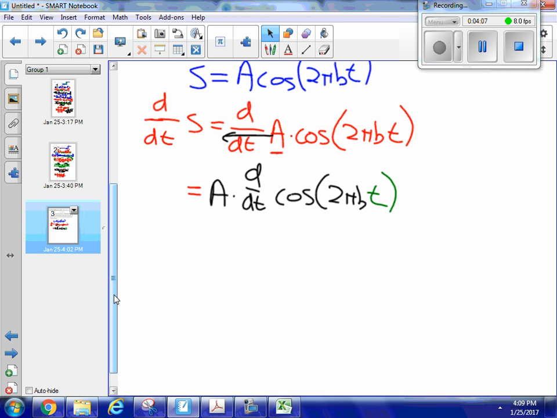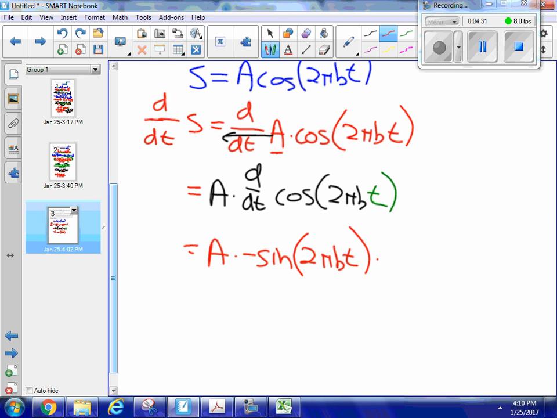So I get the derivative is equal to a, and the derivative of cosine is negative sine, so times negative sine of 2 pi b t, times, because I have to use the chain rule, the derivative of the inside here, which is just going to be 2 pi b.